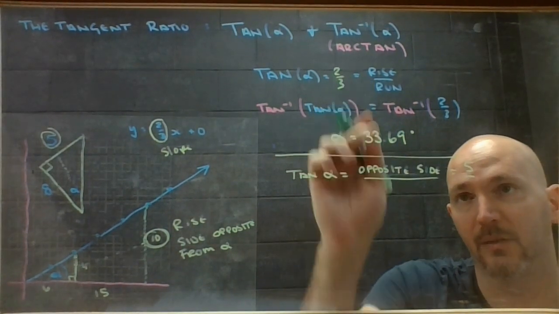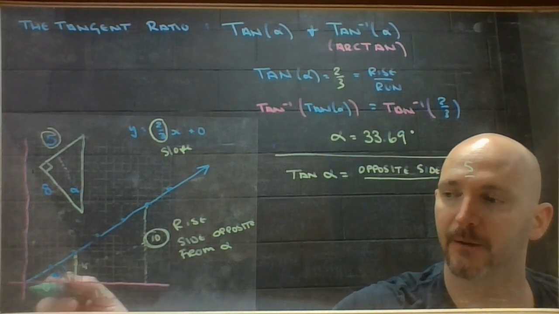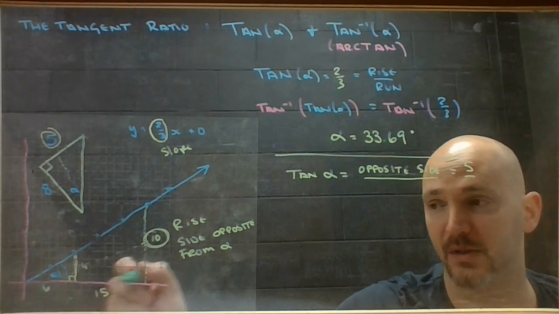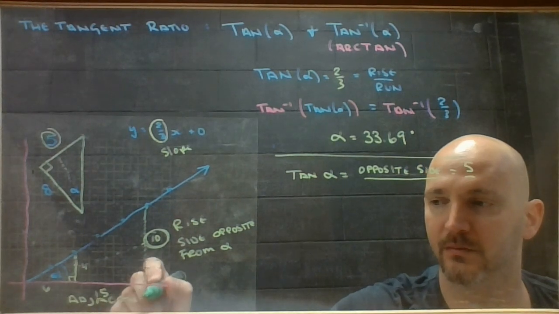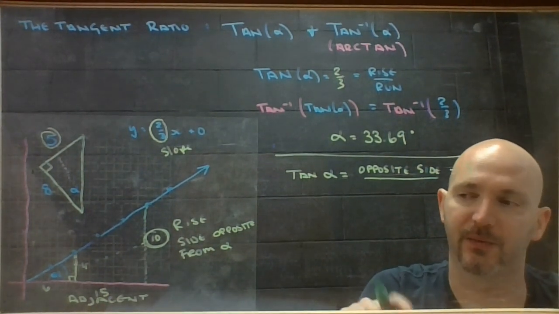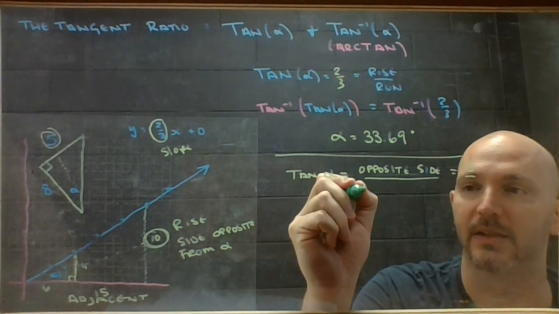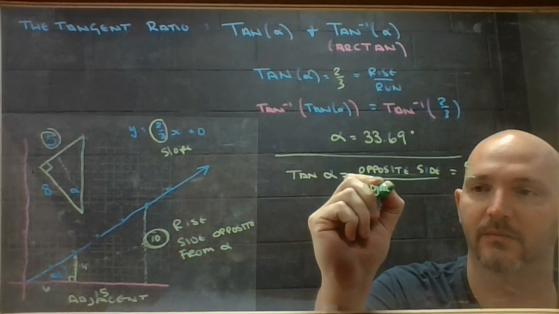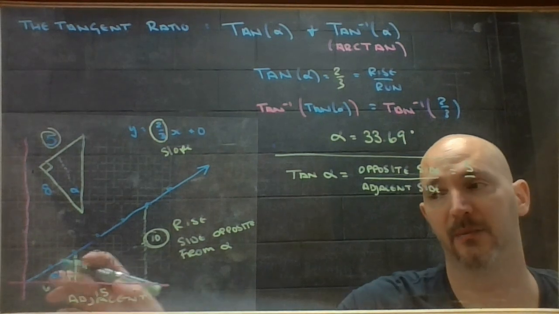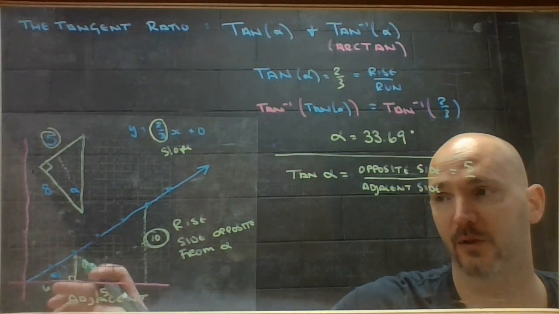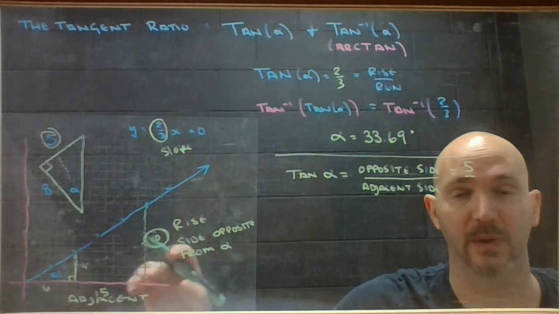Now I need a word for the run. So that's over here, from here to here. The word that we end up using for that is called the adjacent. And that's a fancy word for beside. I'm going to toss that in here, adjacent. So again, run was fine for a triangle oriented like this because I could see rise and run from the graphing point of view.